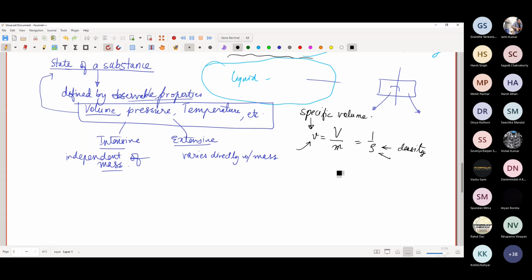Apart from this, there are other things as well. So there can be any quantity X, and it will be capital X over small m, where small m is the total mass. If capital X is the extensive property, you can simply make it into an intensive property by dividing it by the mass, and so small x becomes the specific quantity.